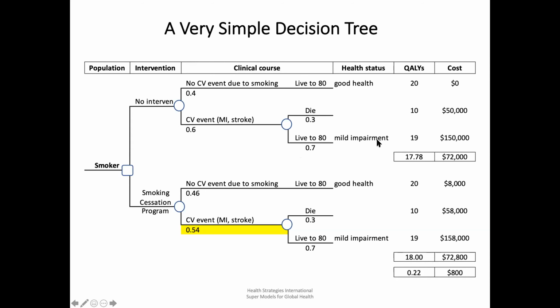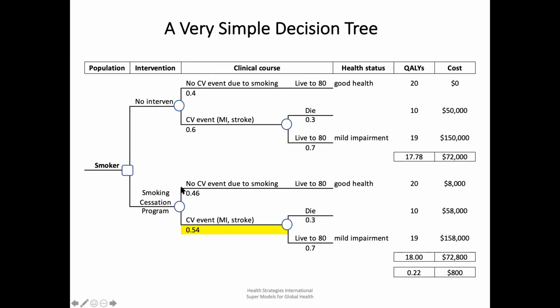If they live, they have a mild impairment, their QALYs are 19, so close to perfect health in this example, but their costs are fairly high because of this long-term impairment. If you do a weighted mean of all of these paths and outcomes, you get 17.78 QALYs expected with an expected cost of $72,000. What if you do the smoking cessation program?